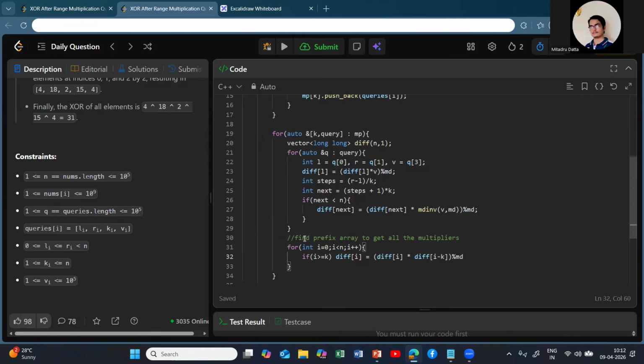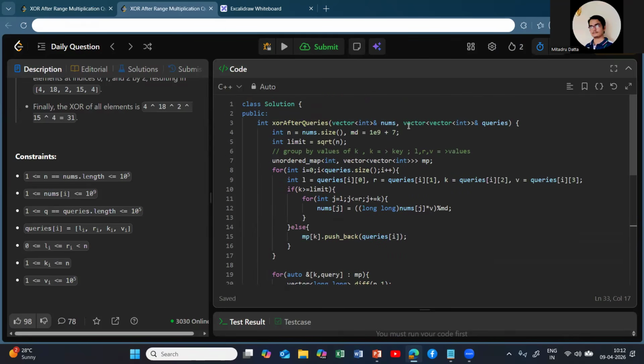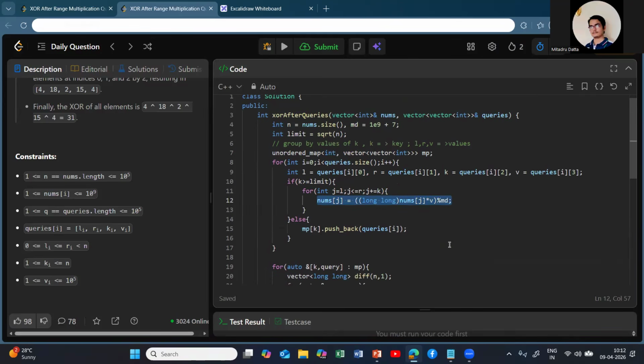Perform a whole mod, and whatever multiplier you are getting, you need to multiply this multiplier with this nums array, right? Because in a brute force approach, we had already edited our nums array.